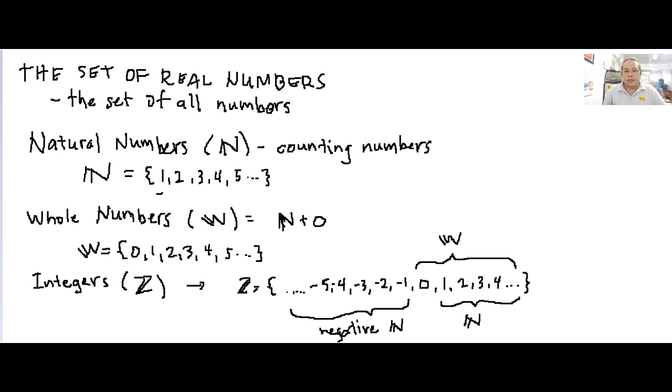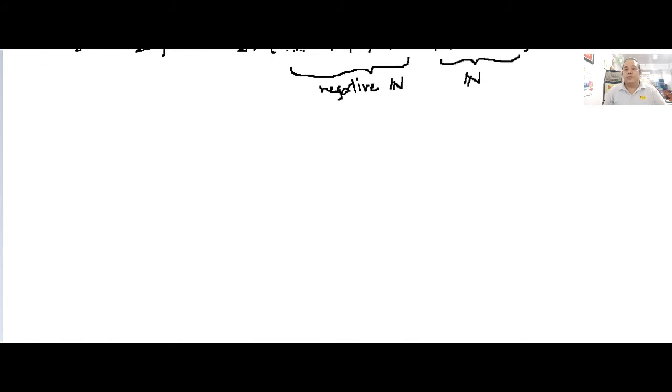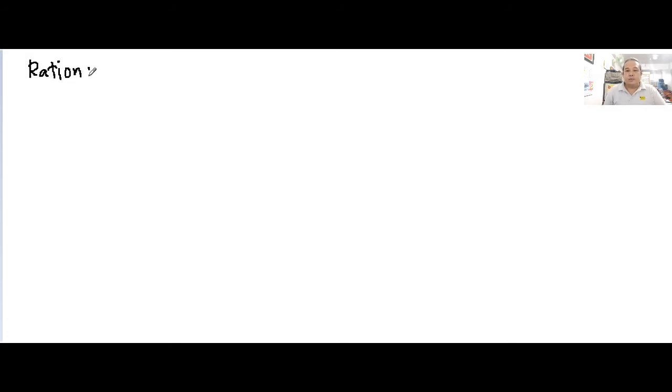So after integers, we go to the bigger set, and that is the set of rational numbers. And the set of rational numbers is symbolized by the letter Q. So why Q?